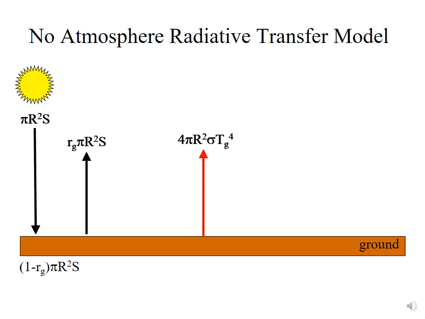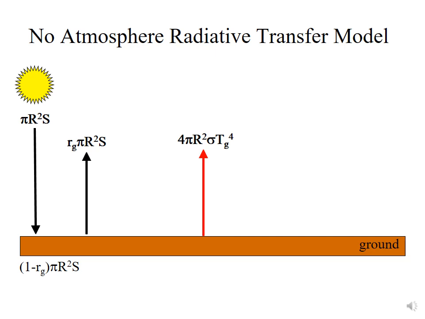So we have the Sun, which has radiation that is reaching our planet, and the total amount of radiation being intercepted by our planet is equal to the solar constant S, which is 1,368 watts per meter squared, times the cross-sectional area of our planet.